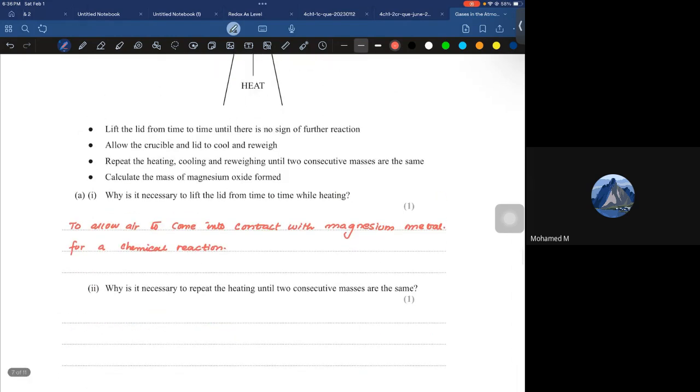Why is it necessary to repeat the heating until two consecutive masses are the same? Why is it necessary to repeat the heating until two consecutive masses are the same?